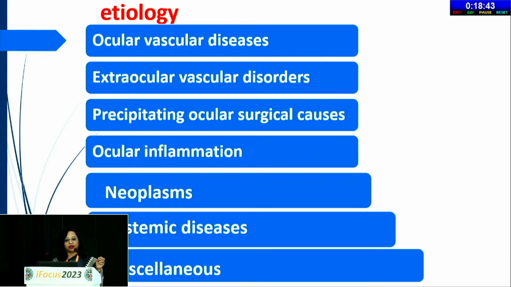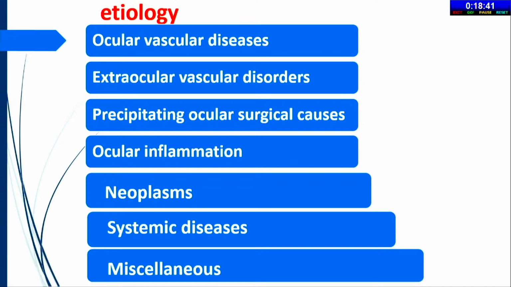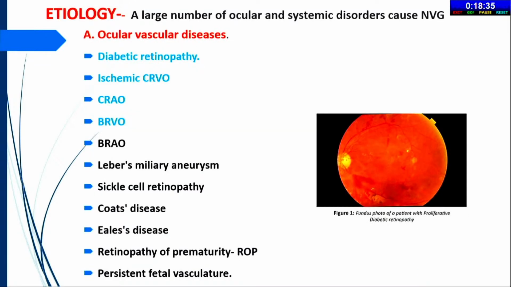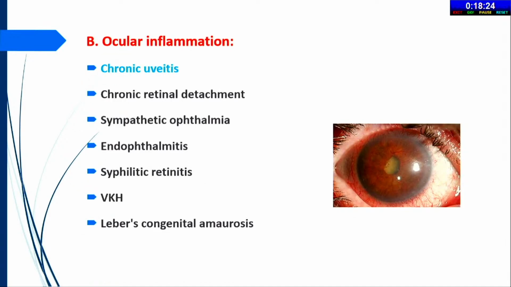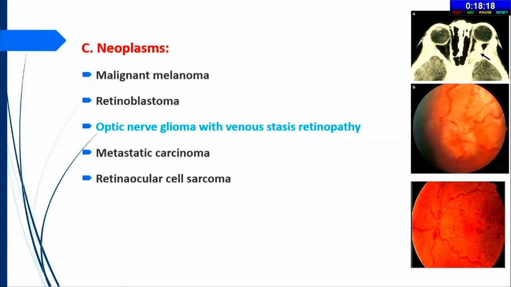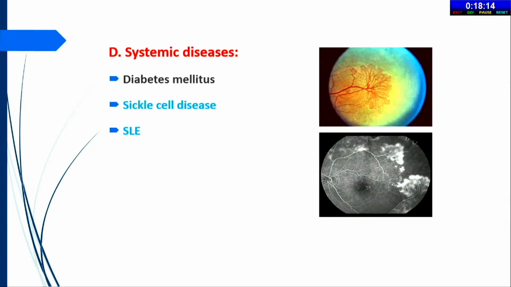Etiology: it is multifactorial. There are a lot of local as well as systemic factors responsible for the disease. It could be an ocular vascular disease, out of which diabetes, ischemic CRVO, CRAO, BRVO, and BRAO are responsible. There could be chronic long-standing inflammations like uveitis or retinal detachment. It could be neoplasms like malignant melanoma or retinoblastoma.